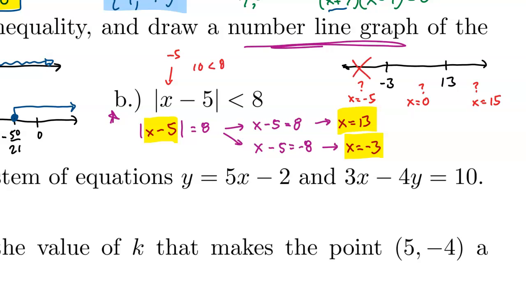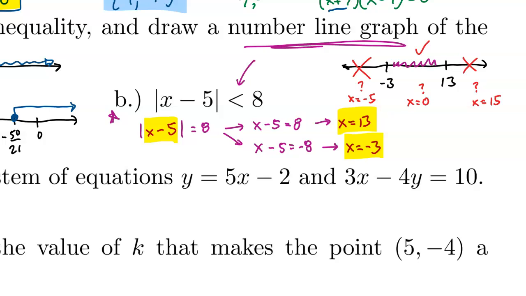So that region doesn't satisfy the inequality. If I let x equal 0, I get the absolute value of -5, which is 5, and 5 is less than 8, so that does satisfy the inequality. And if x equals 15, again I get 10 is less than 8, which of course is ridiculous, so that doesn't work either. So my solution set are the values in between -3 and 13.